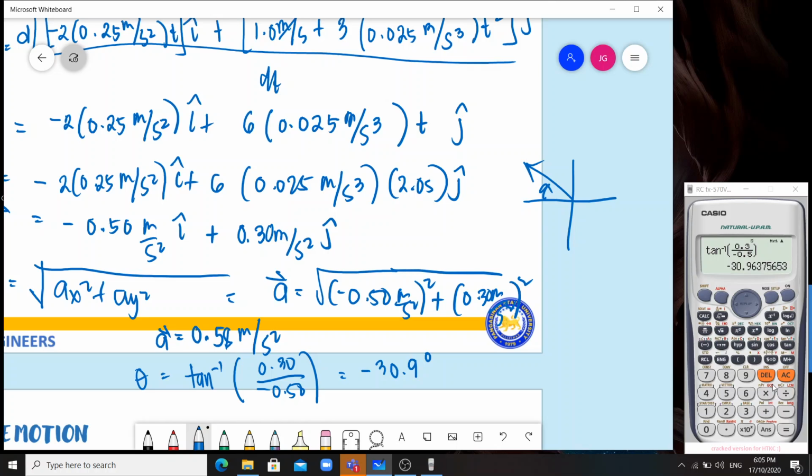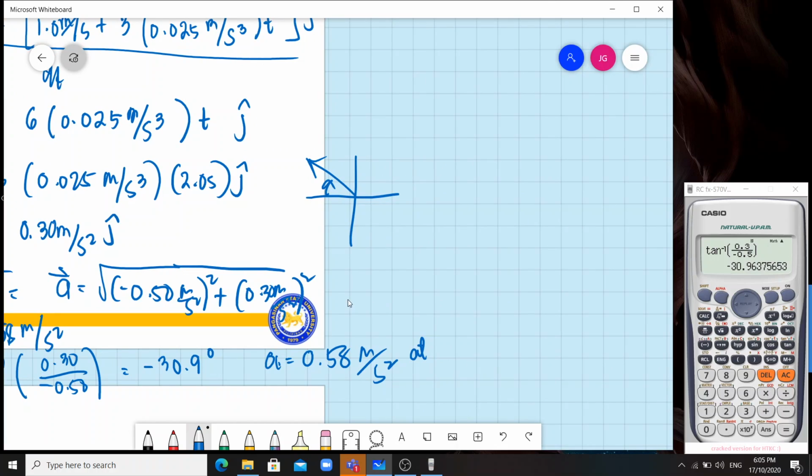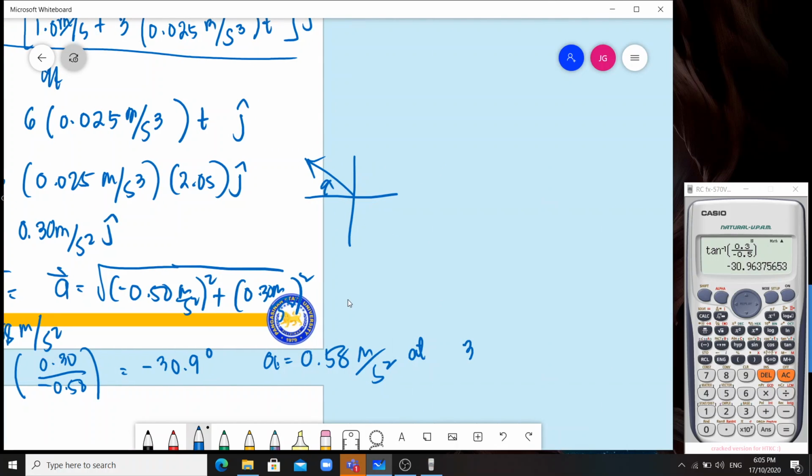So, ang acceleration niya is 0.58 meter per second squared at 30.9, or pwede na 31 degrees north of west. Okay? So, ganun lang siya.